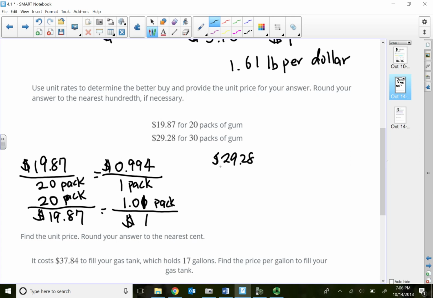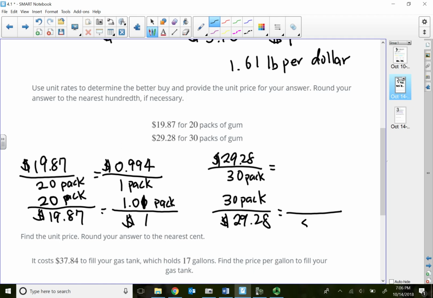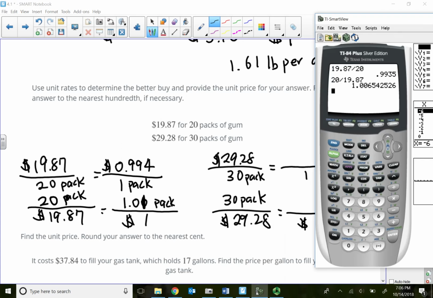$29.28 for 30 packs. Let's see how much money is per pack. We can go with 30 packs divided by $29.28. That will tell me so many packs per dollar. So this is for one pack: 29.28 divided by 30.